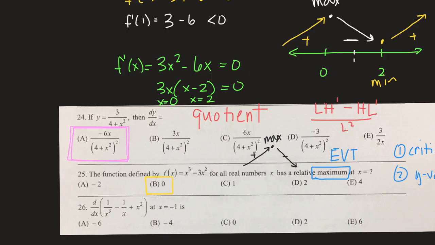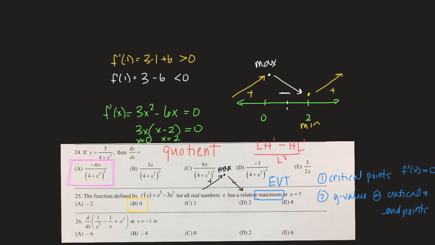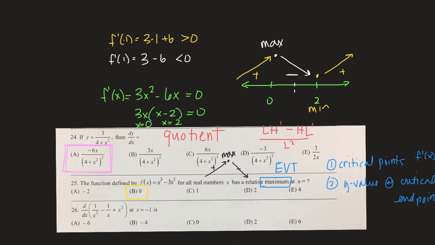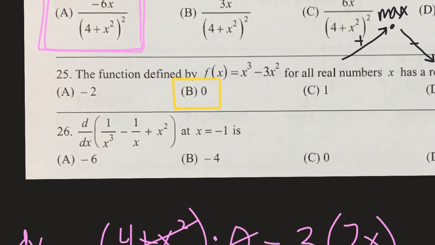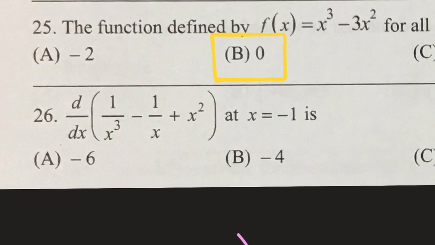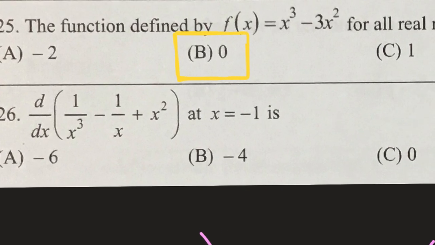And to find a critical point, you set your derivative equal to 0, and then we do a sign analysis by plugging in a value on each interval and deciding whether they're positive or negative. So our last one is taking the derivative of this function and evaluating it at -1. So first, let's change everything into a power, no more fractions.